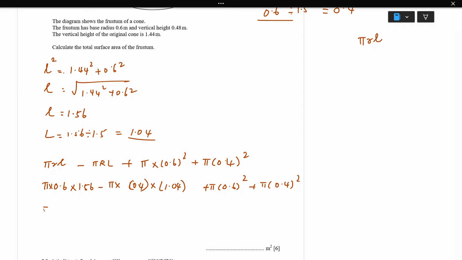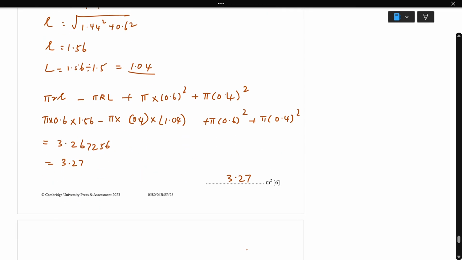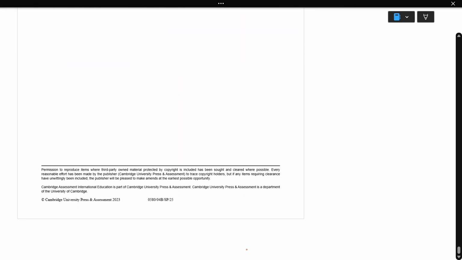When we use the calculator and add it all up, we get 3.267256. Rounding to 3 significant figures, it is 3.27. 3.27 is the correct answer. That's the end of the sheet.